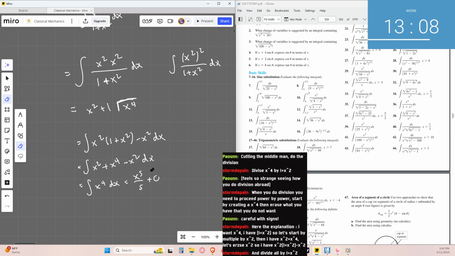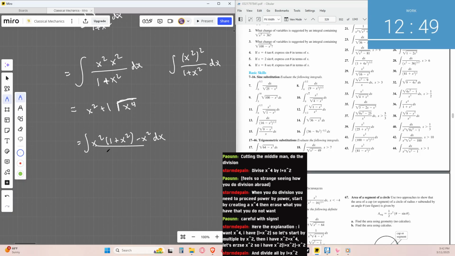Oh. And divide all that by, interesting. So multiply. Oh, okay. That's an interesting way to visualize it.